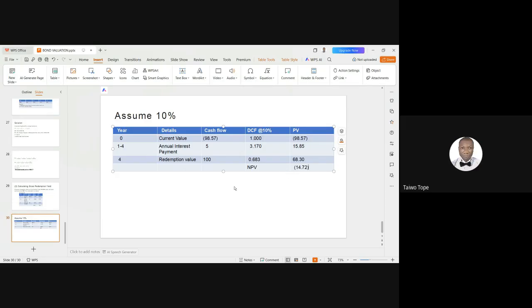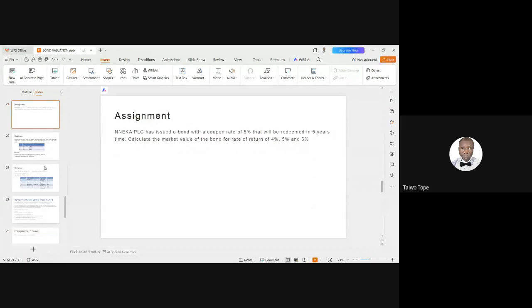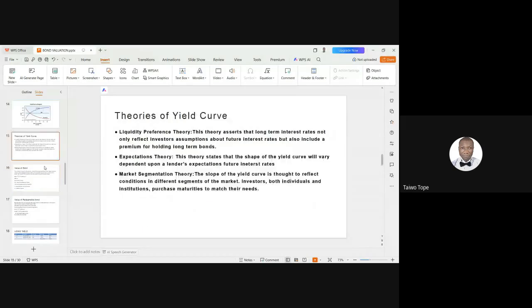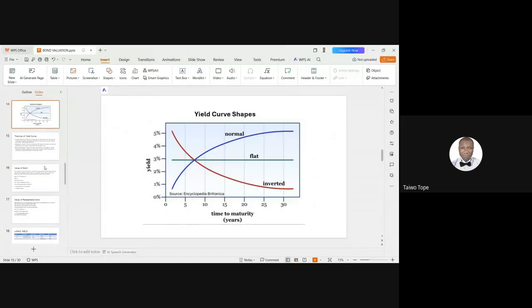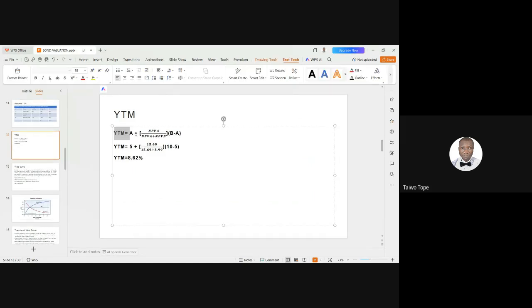So with this, you can now apply your internal rate of return formula to get your yield to maturity.